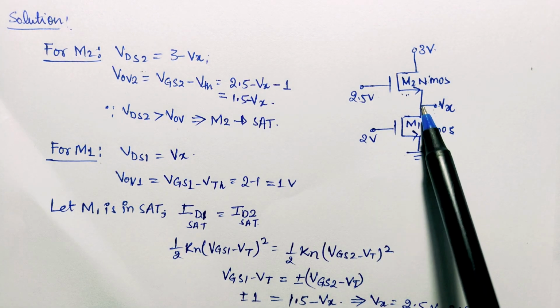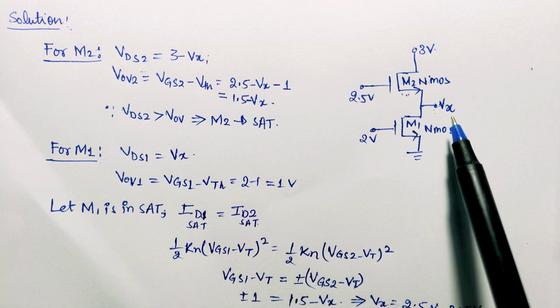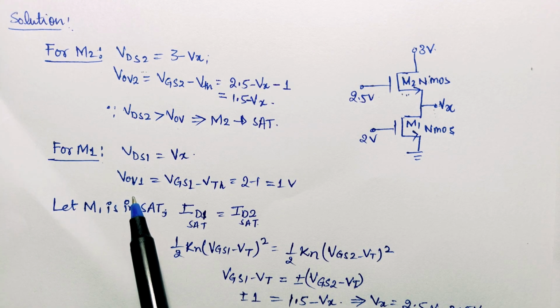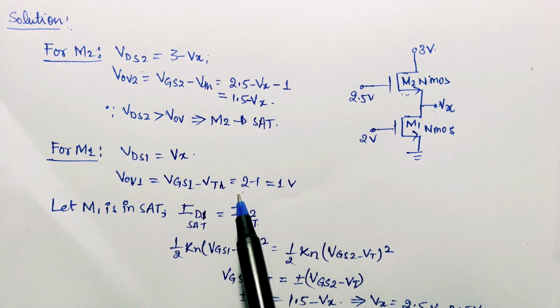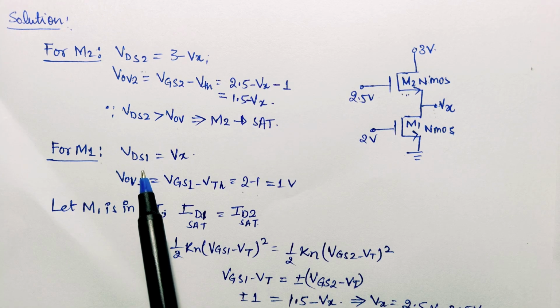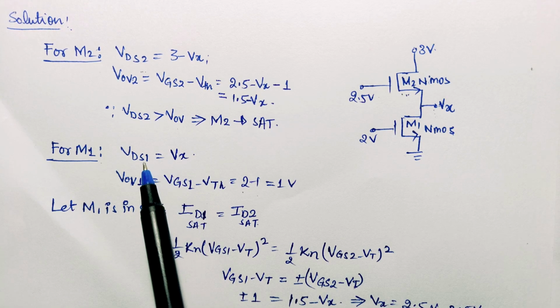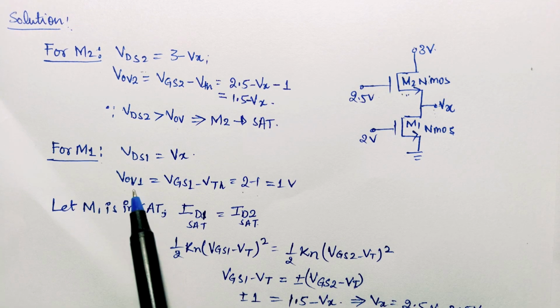So the drain to source voltage will be equal to Vx, and the overdrive voltage of transistor 1 will be VGS1 minus VTH, which is 2 minus 1, equal to 1 volt. As the drain to source voltage is an unknown voltage, we cannot compare this drain to source voltage and overdrive voltage.